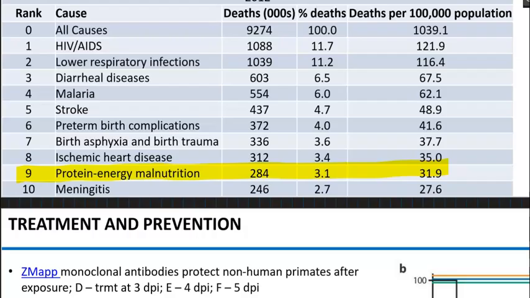Let's say it's better, which I'm not sure, but let's put it at 250,000 people die of protein energy malnutrition, also known as kwashiorkor, or you can call it starvation. That Ebola outbreak killed 11,000. To be honest, we should be up in arms about this, not Ebola. Okay? Does that make sense?